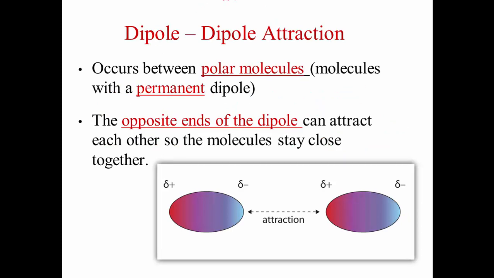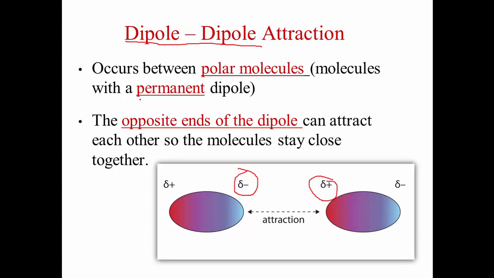So dipole-dipole, and the term is pretty straightforward. You're looking at a molecule that has two poles, a positive end and a negative end, and it's attracted to another molecule by its positive end and negative end. And they arrange themselves so that these attractive forces are strengthened.